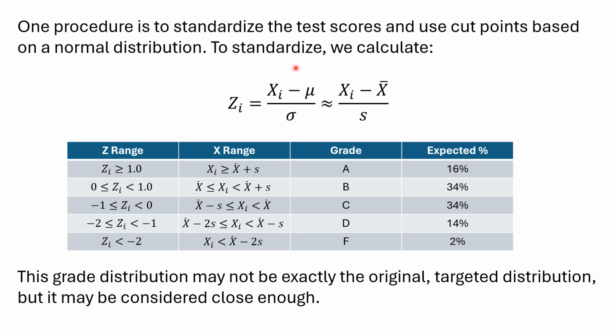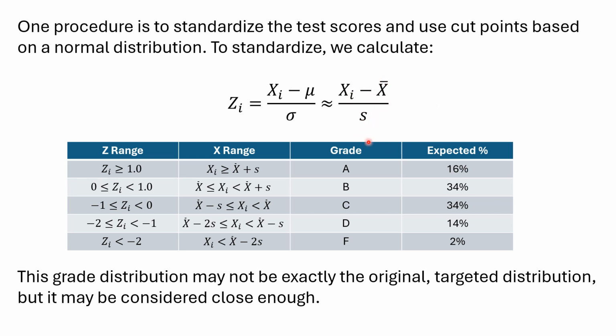To standardize, what we would do is calculate a z-score, say z_i for the ith student, that is related to the student's original exam score x_i, and we would subtract the class average x bar from it, and then divide by the estimate of the population standard deviation, which is S. Or you could just say that this is the class standard deviation.